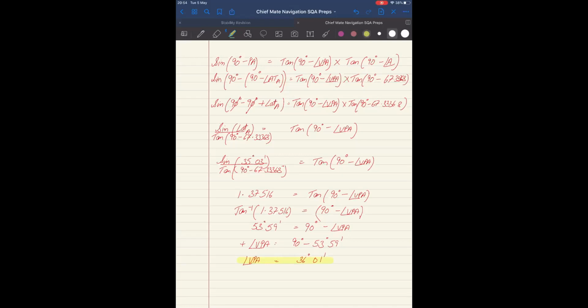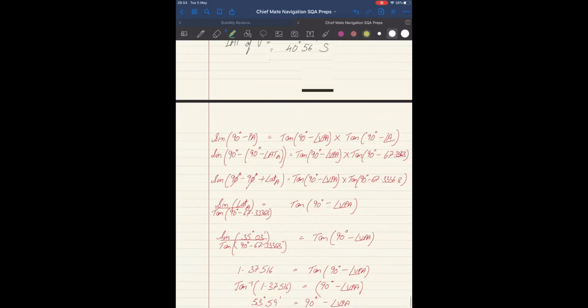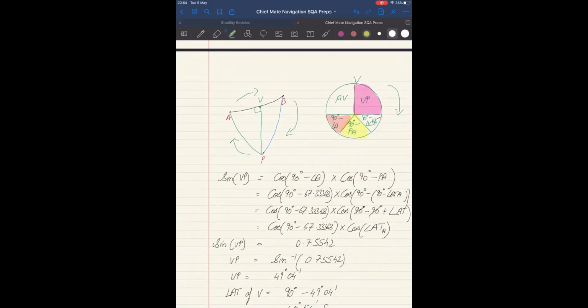Now let's look at what angle we have got. We have got this angle. Now we know that the longitude of A is 56 degrees 17 minutes. I'll just write down the longitude of A, which is 056 degrees 17 minutes west.